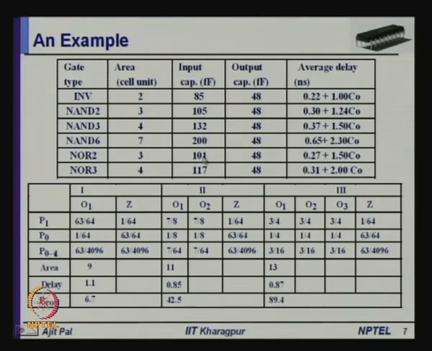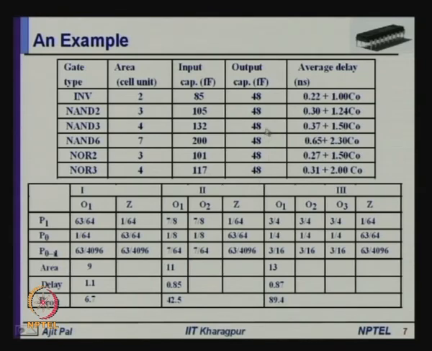So, it is 101 femtofarad. The input capacitance for 3 input NOR gate is 117, and output capacitance, however, will be the same, 48 femtofarad for all of them. Of course, this is the intrinsic output capacitance.